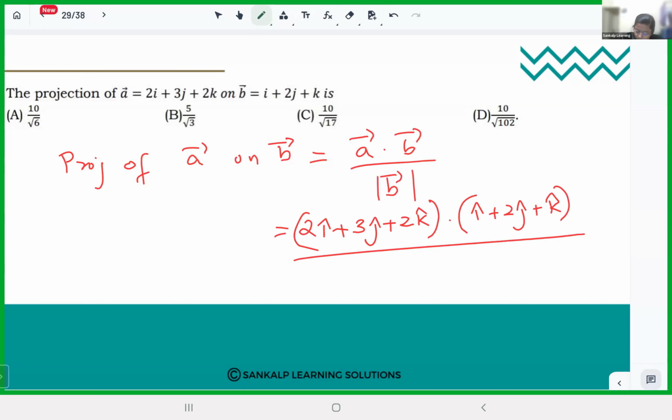That is equal to root of 1 square plus 2 square plus 1 square.